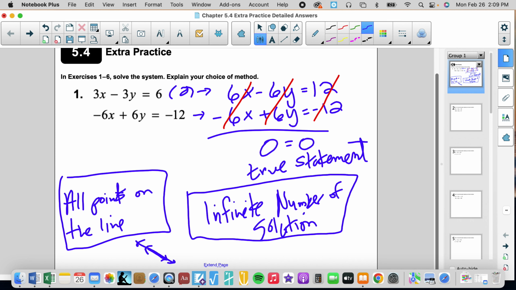So infinite number of solutions doesn't give me the location. All points on the line gives me the location because all the points on the line are where they intersect. So Mr. Mac likes all points on the line. Nobody in the United States or in the world uses that definition. I made that up myself. Most books say infinite number of solutions, which is silly. We got to change that.